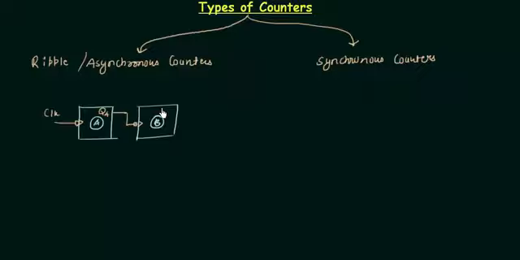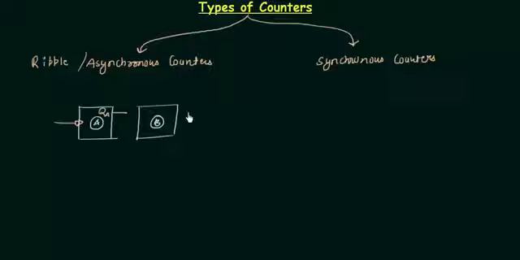Now we will see what we have to do in case of the synchronous counters. All the flip-flops receive the external clock pulse simultaneously. So this is the difference between the synchronous and asynchronous counters. In the asynchronous case the clock is not given simultaneously to both flip-flops, but in synchronous counters the clock is given simultaneously.